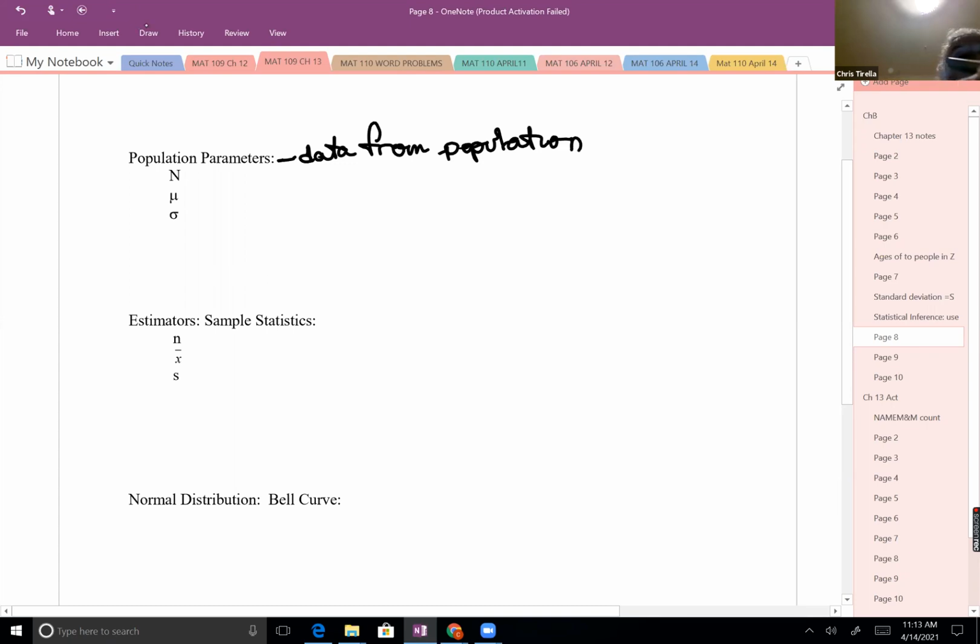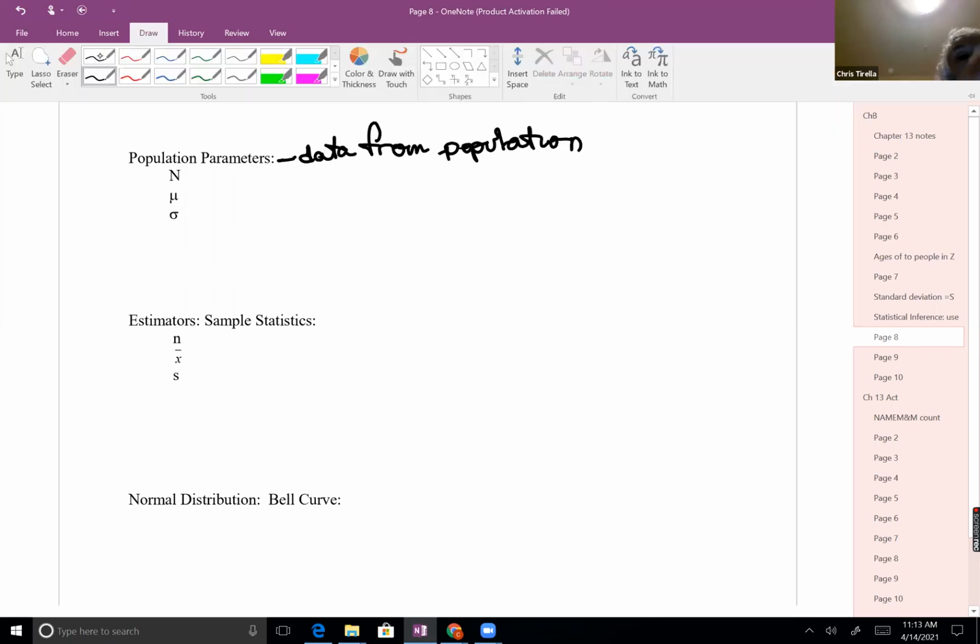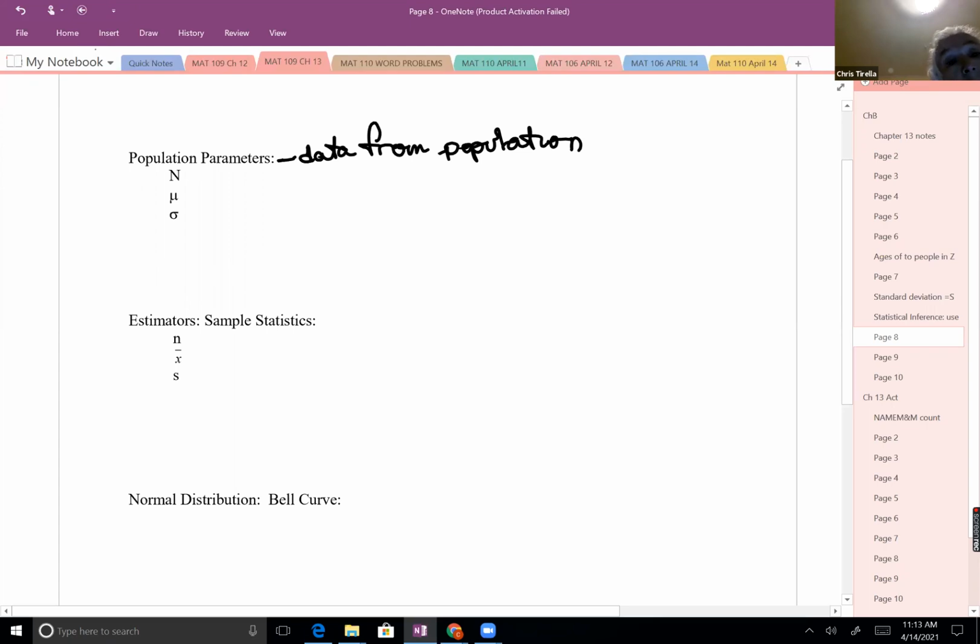When I'm dealing with the whole population, we use different variables. Uppercase N would be the population size. This funny looking symbol is a Greek letter. It's the letter mu, and it's the population mean.